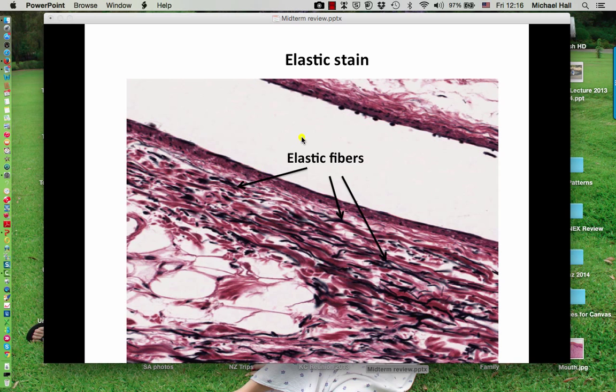And the nuclei of the endothelial cells which line this blood vessel stain black, not because they have elastic tissue in them. It's just a feature of these nuclei which stain black for some reason. So elastic fibers stain black with elastic stain. Collagen, and I could well show you a slide like this and say, name this tissue here, and you would have to say collagen.